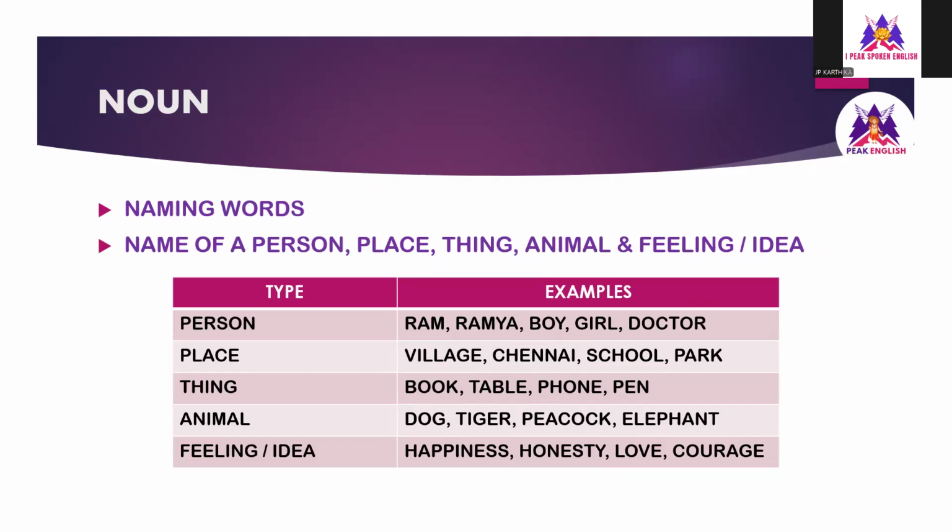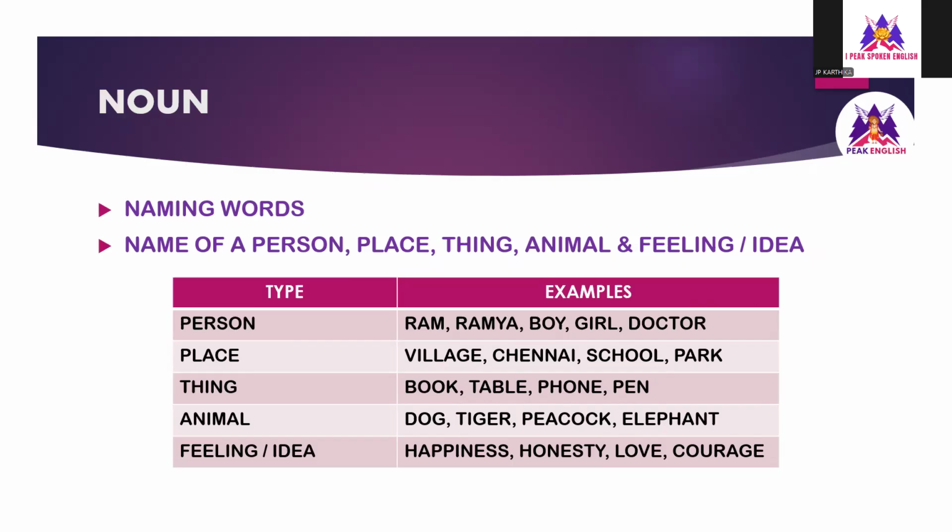For example, person: Ram, Ramya, boy, girl, doctor. Ram is a boy, Ramya is a girl. Different types of nouns are there. Here, name of a person: Ram, Ramya, boy, girl, doctor, they are nouns. And place: village, Chennai, school, park.